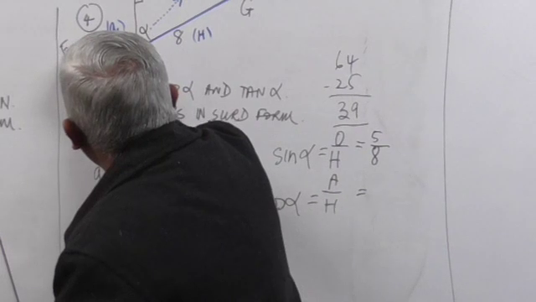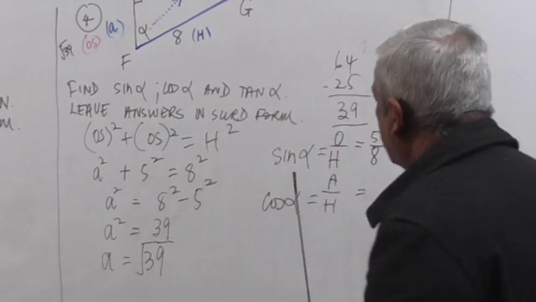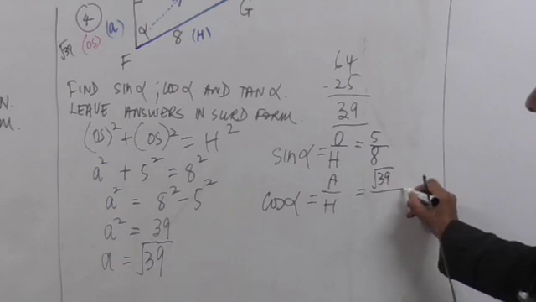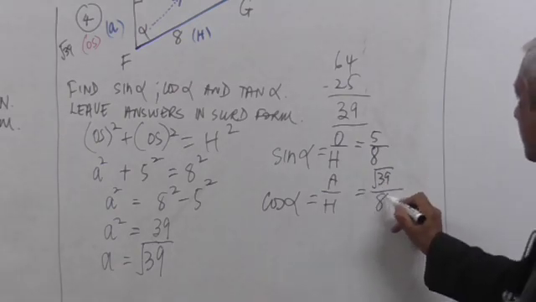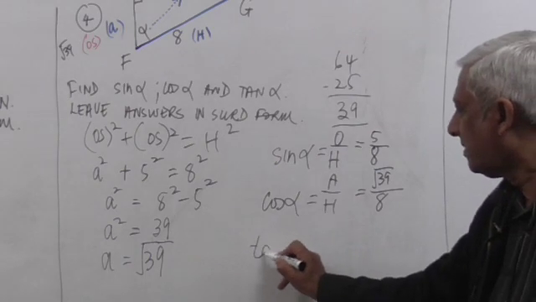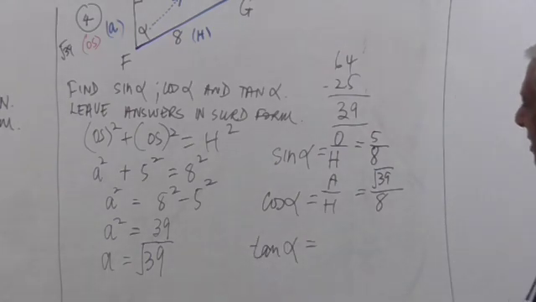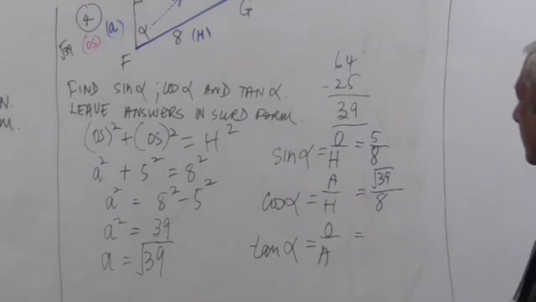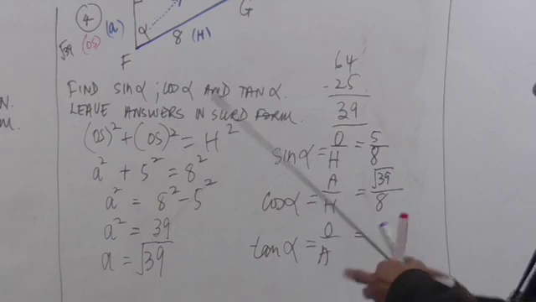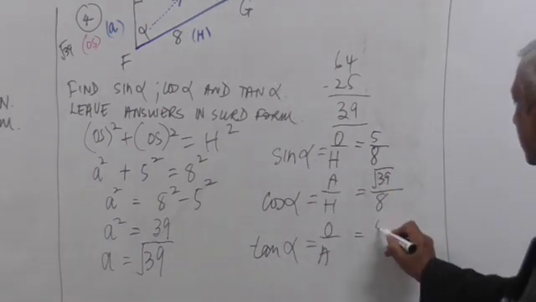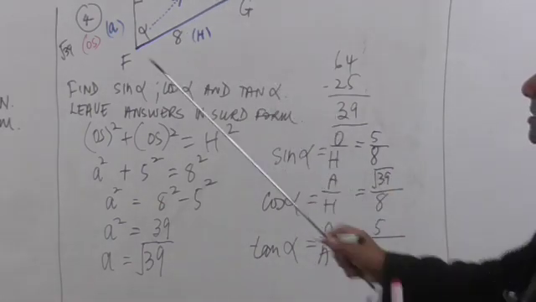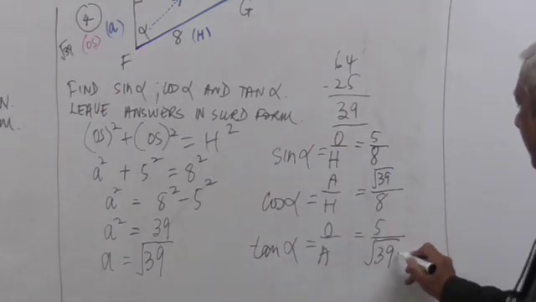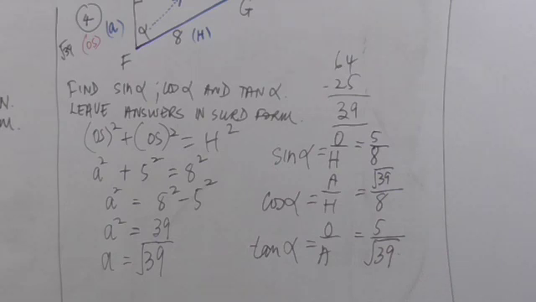So adjacent is square root of 39 over hypotenuse, which is 8. And finally, tan of alpha is equal to opposite over adjacent, which is equal to opposite is 5 over adjacent, which is square root 39. So we hope you had these two correct.